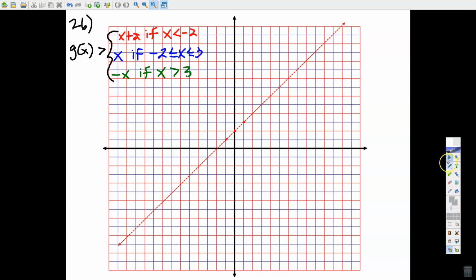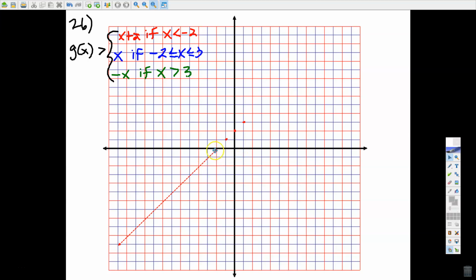So I'm going to need to cut this line or delete it so that I only show the beginning of the line, starting at negative 2 and then continuing on from there.